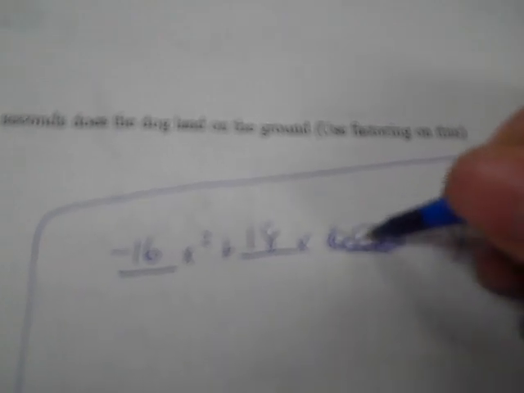Okay, so with a parabola, I go blank x to the second plus blank x plus blank equals y. And again, we got negative 16, and then 18x, and then the dog started from the ground, so we can eliminate this third one. Okay, so that's my equation.